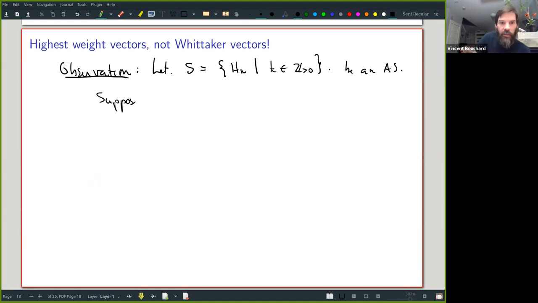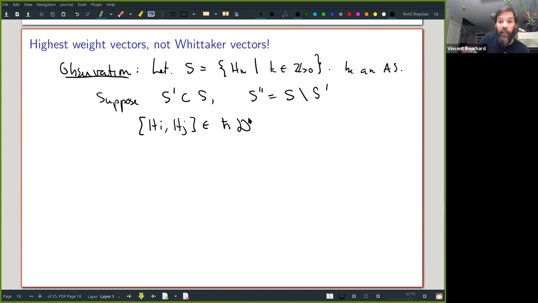Suppose that there is a subset of modes, by modes I mean differential operators here, and I'm going to define S prime prime as the differential operators minus that subset, such that if you commute any two differential operators, the answer is in the left ideal generated not by all of S, but only by those modes that are in S prime prime. In other words, the operators or modes in S prime are not there here.